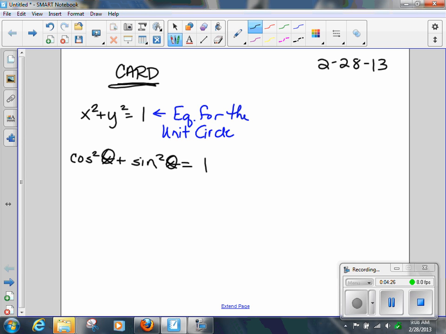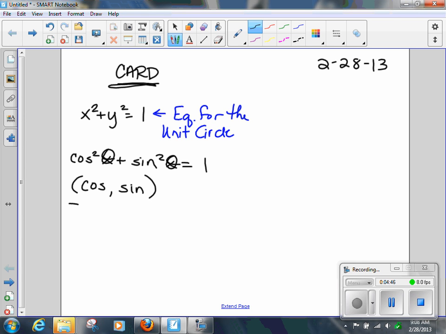What makes that okay, y'all? Because don't I know that cosine is my x value and sine is my y value? Isn't that just a straight substitution? Isn't it?